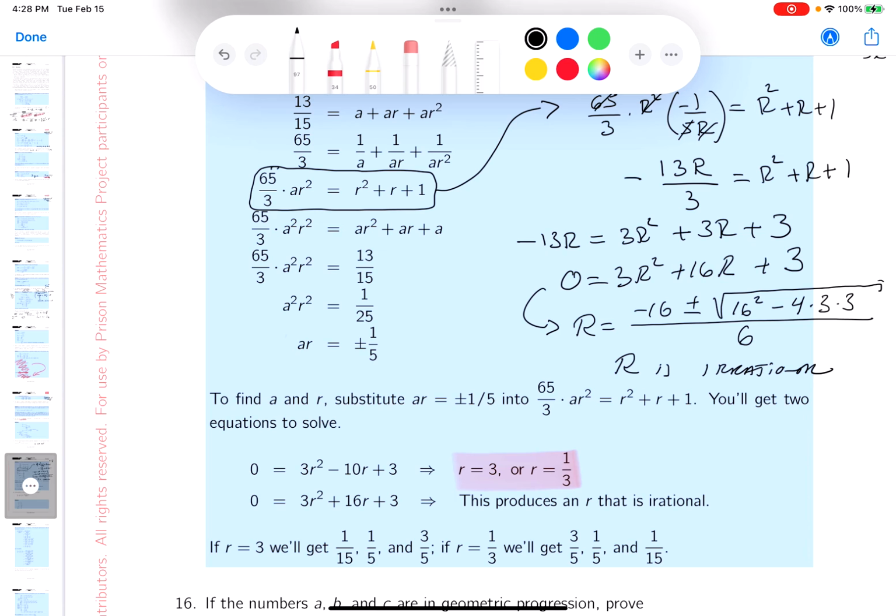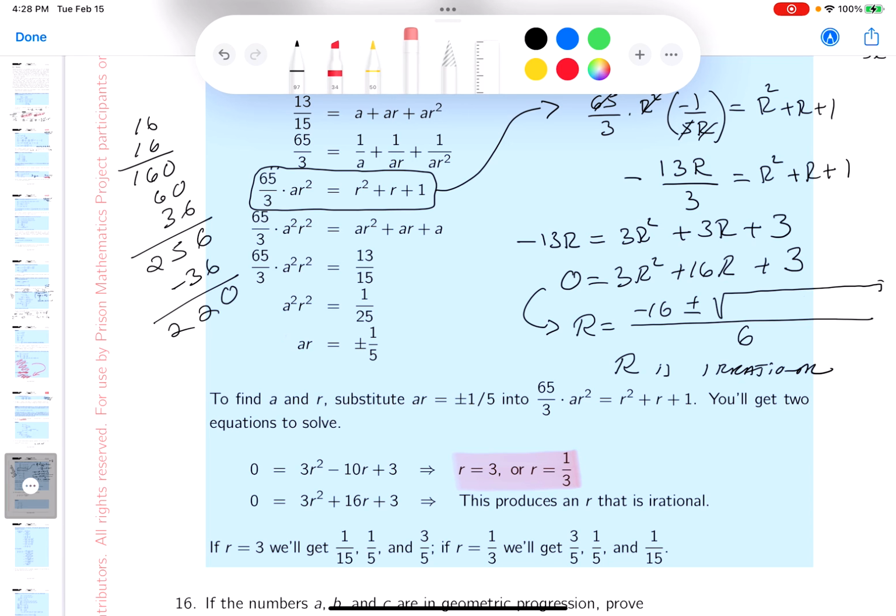Let me go through that. 16 squared: 10 times 16 is 160, 6 times 10 is 60, and 6 times 6 is 36. You get 256. 256 minus 36 gives you 220. So the number inside here is 220.